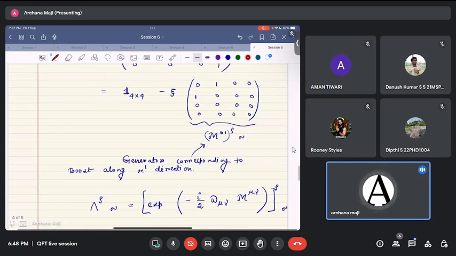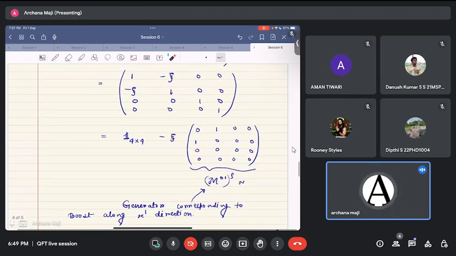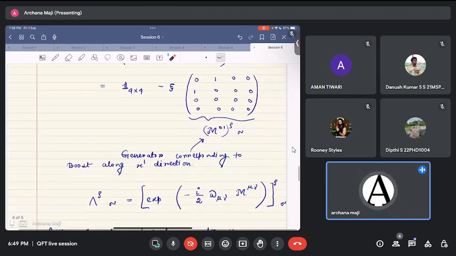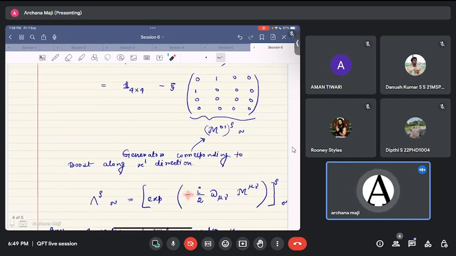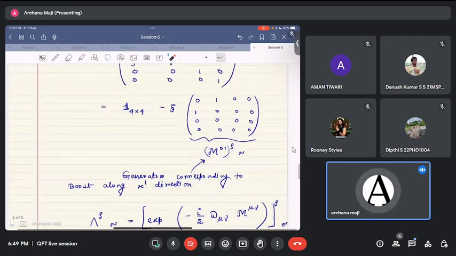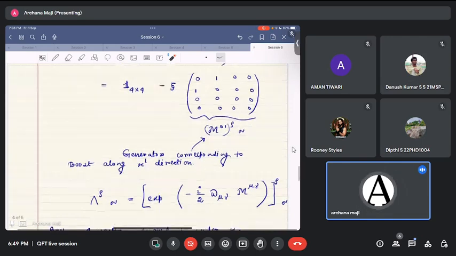Because here M01 will have one I coming from the definition, and that I will get multiplied with this I, giving you -1, and so it will become plus here. I think there is a plus minus mismatch with what I am writing here and what we have obtained, but that doesn't matter because you can always take this to be plus.